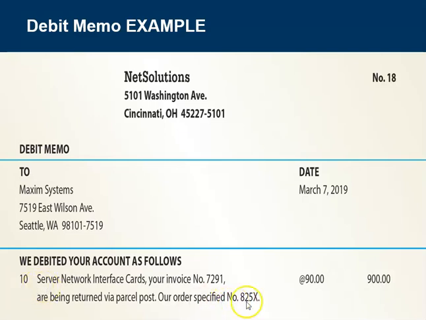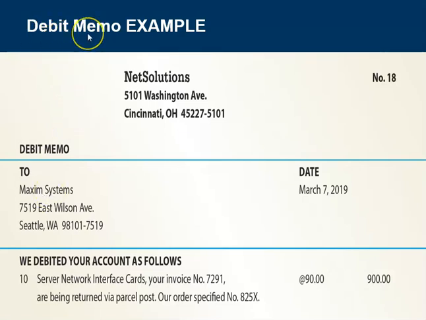So 10 at $90 a piece is $900. We don't have the information in terms of what this account payable was, but we know that whatever it was, Net Solutions is going to return this merchandise, and this $900 is $900 that Maxim Systems is never going to get. Okay, this is a debit memo.